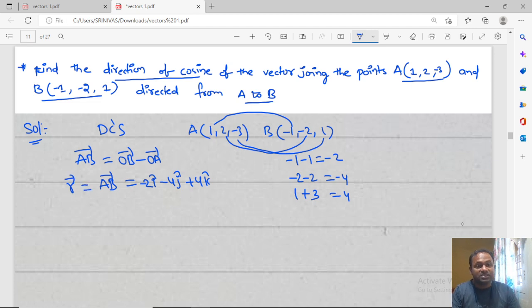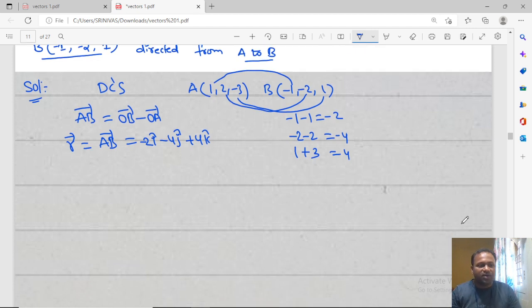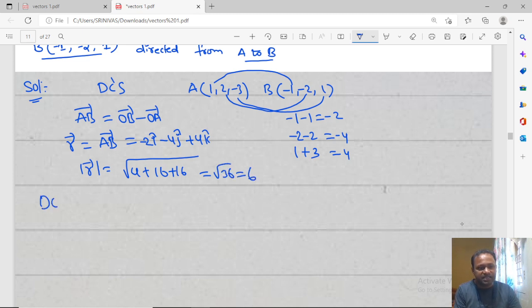Because we needed direction cosines, mod R bar is equal to under root of 4 plus 16 plus 16, that is 36, which means 6. Yes, easy.